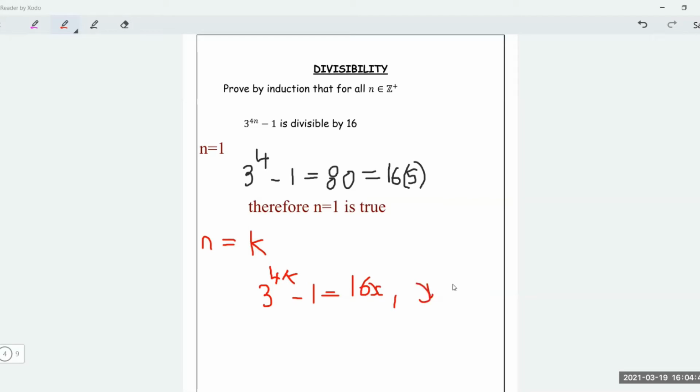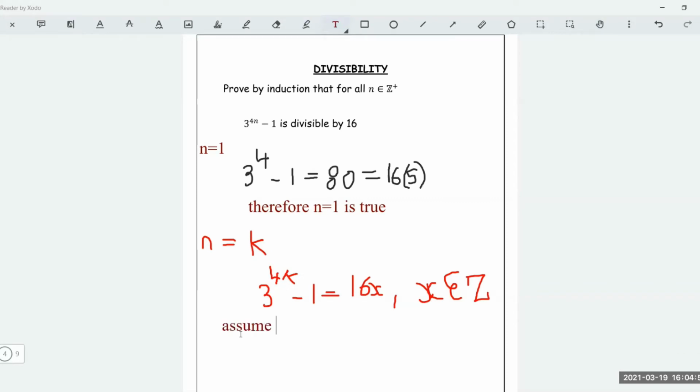X is an integer, and we assume that n equal k is true.